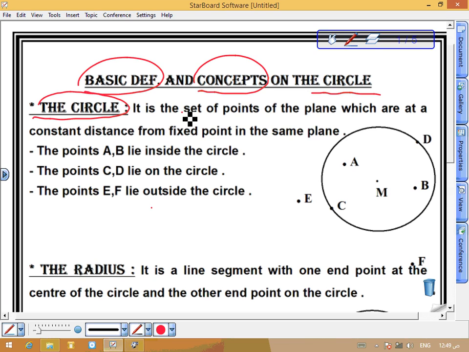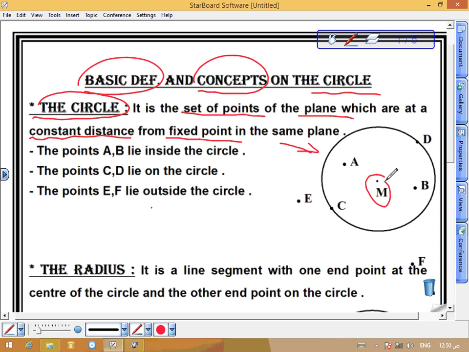It is a set of points of the plane which are at a constant distance from a fixed point in the same plane. For example, we have in this circle the fixed point called M, which is the center of the circle.